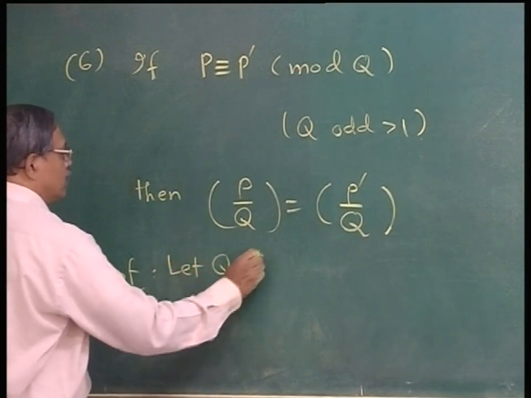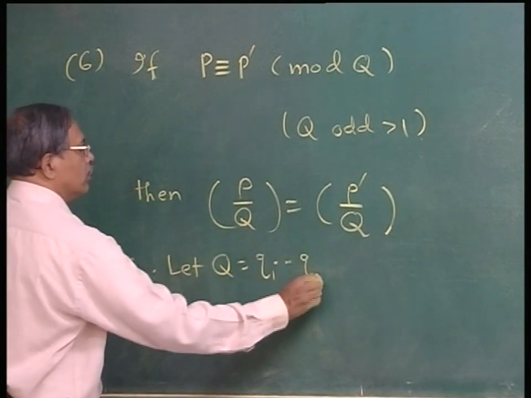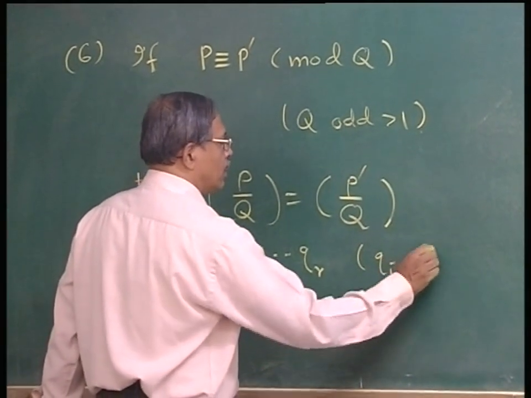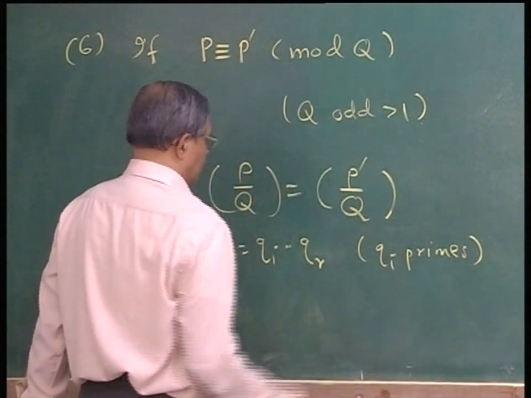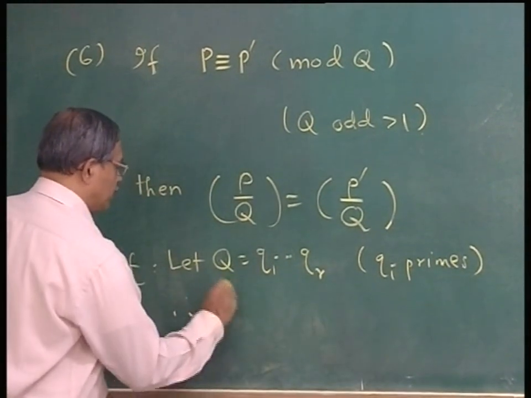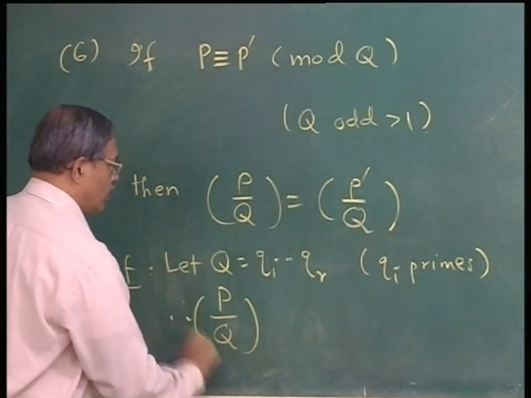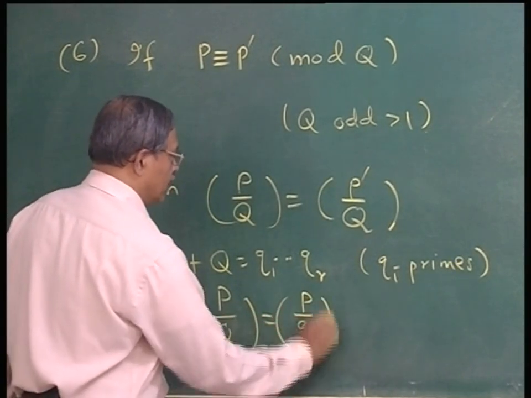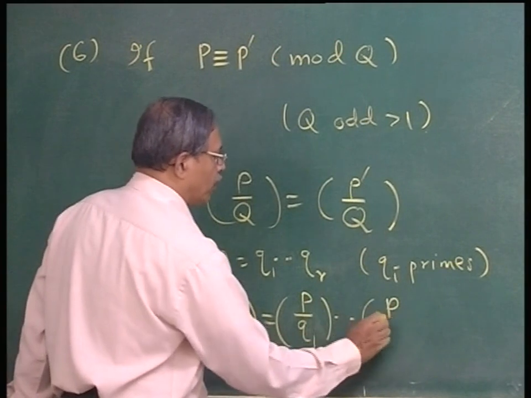Q equals, as usual, Q1, Q2, ..., QR, the Qi primes. Therefore, what is (P/Q)? It is (P/Q1), etc., (P/QR).